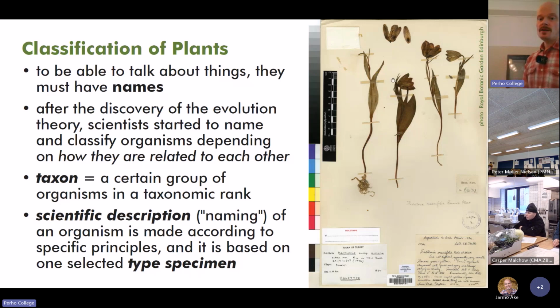For example, here is a Fritillaria species, Fritillaria hermonis, it seems to be. And these type specimens kind of define the essence of the whole species. So these are really important specimens in collections.